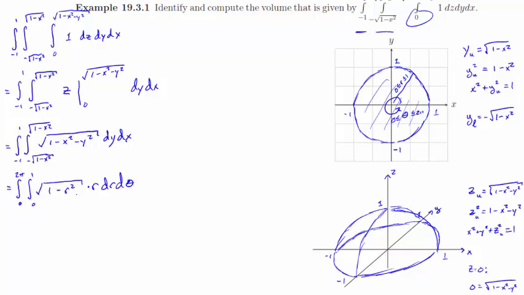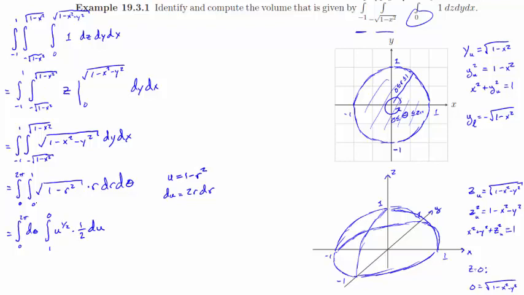And this is really nice because now I can do a quick substitution of u equals 1 minus r squared. So du equals 2r dr. So we get that this equals the integral from 0 to 2 pi d theta times the integral from 1 to 0 of u to the 1 half times 1 half du.